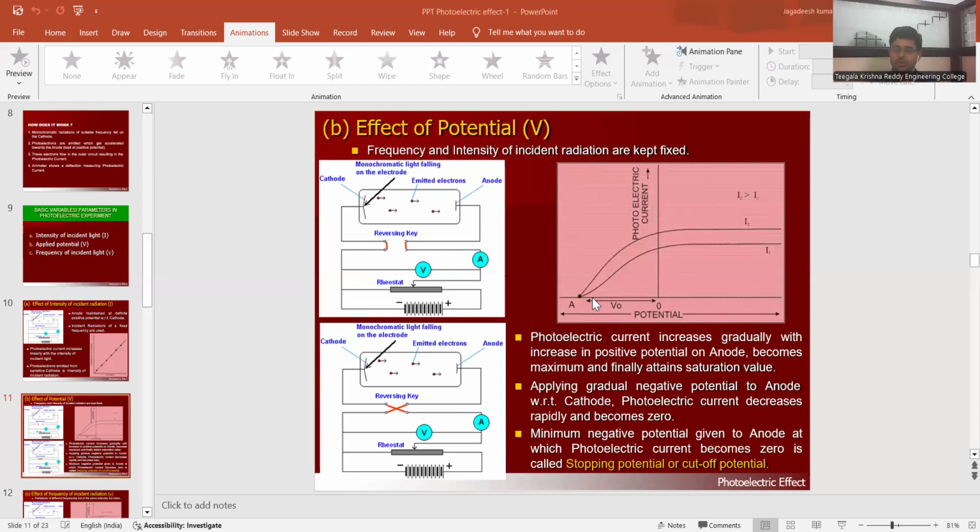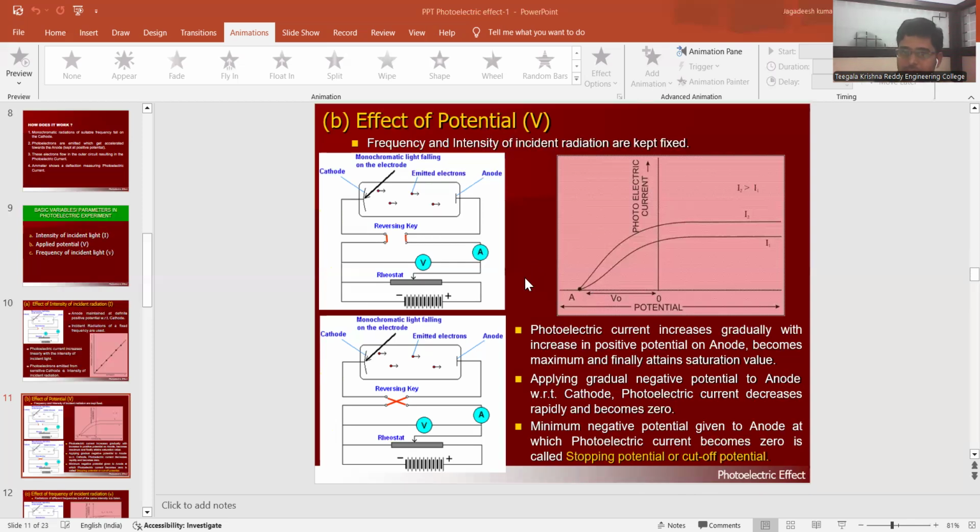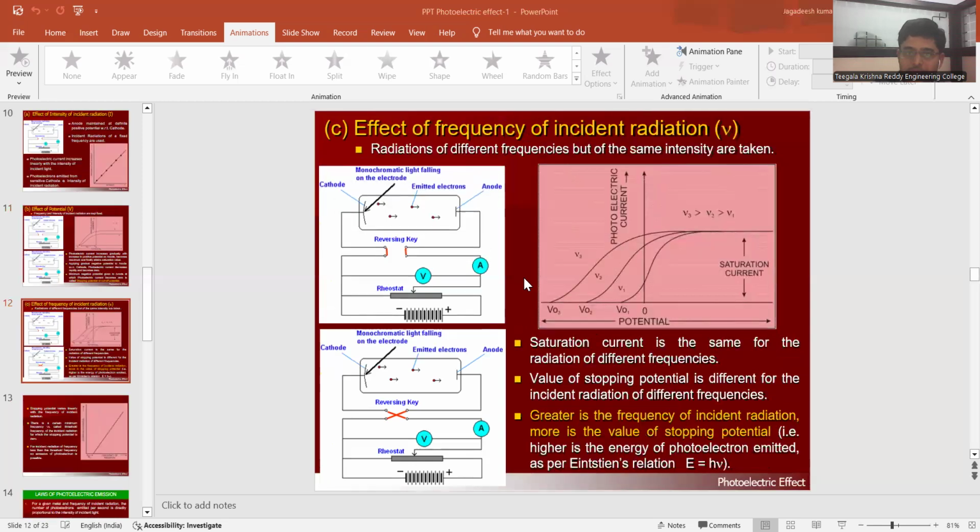That is called the stopping potential. It is independent of the intensity of the incident radiation, and at that single value all the currents become zero. That is the effect of the potential difference between plate A and plate B.